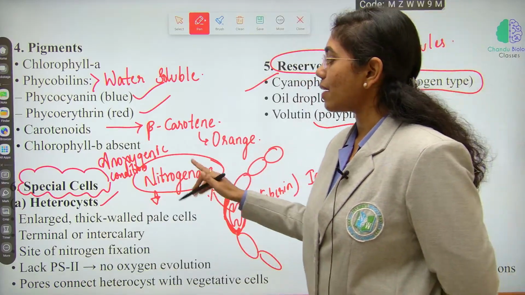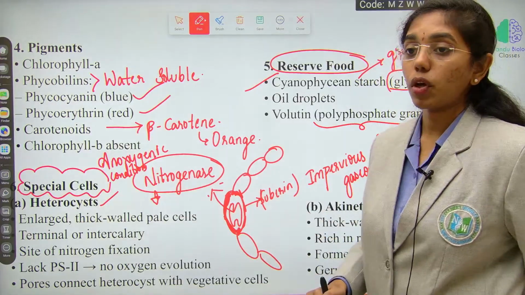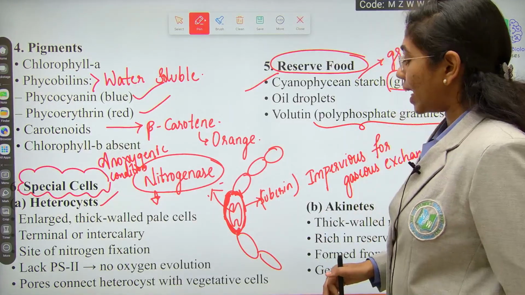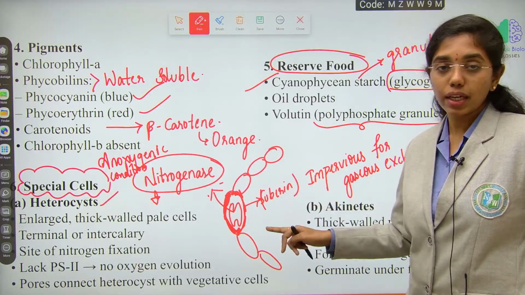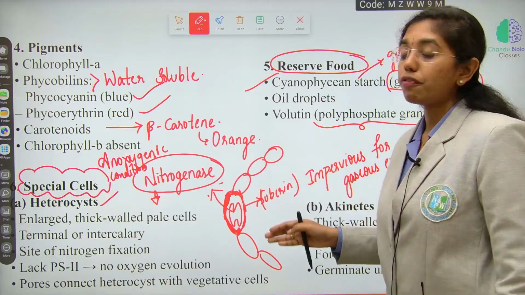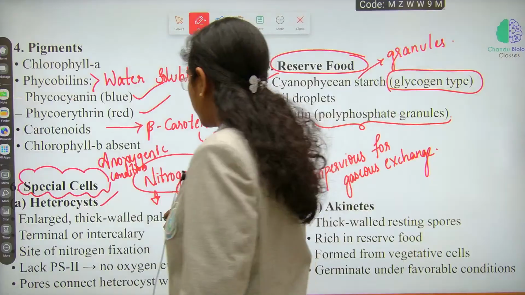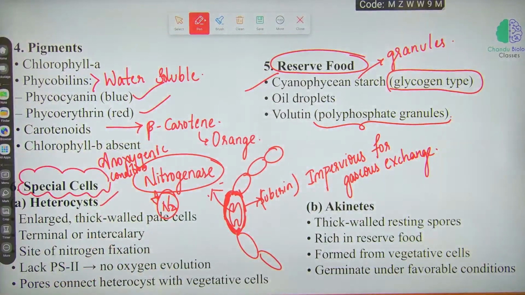This enzyme will be active in anaerobic conditions. That is the reason the wall layer is very thick, which is impervious for gaseous exchange. So the anaerobic conditions are provided which will fix the nitrogen here. Nitrogen fixation.